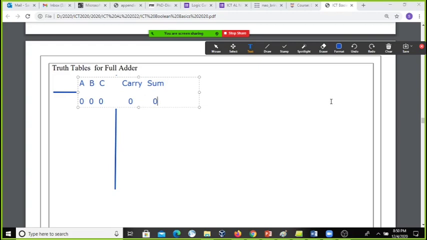Sum will be 0 when you add them together. When 0, 0, 1, when you add them together, we don't get the additional value here. 0, 0, 1 is just 1 here. Then 0, 1, 0, when you add the 3 together, the additional is 0 and the sum will be equal to 1. 0, 1, 1 addition is 1, 0. And 1, 0, 0 addition will be how much?